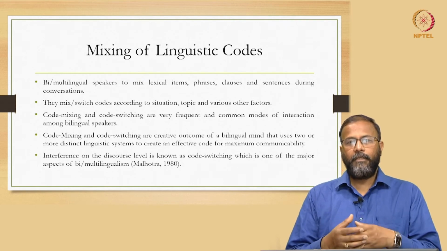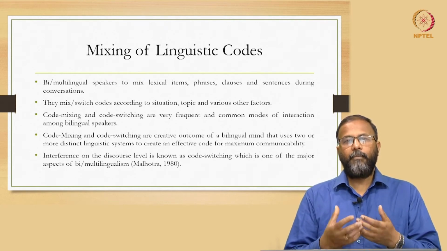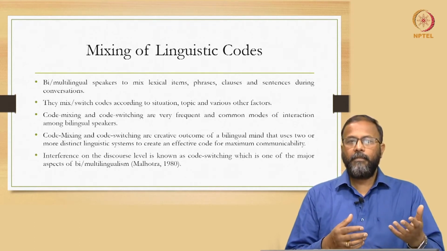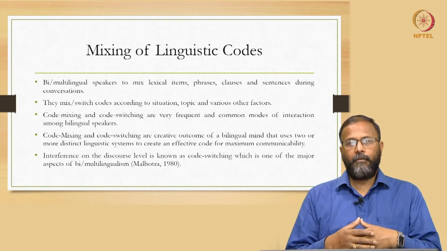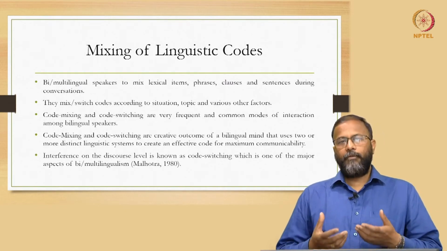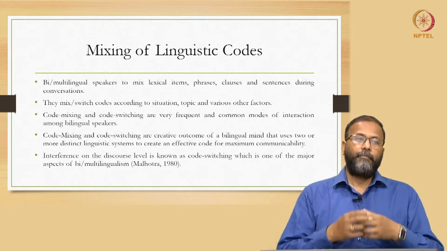So, this hybridity, this mixing, has lots of implications. It's not simply that something is missing and that's why you borrow it from the other language. When we talk about mixing two languages, there may be two positions.